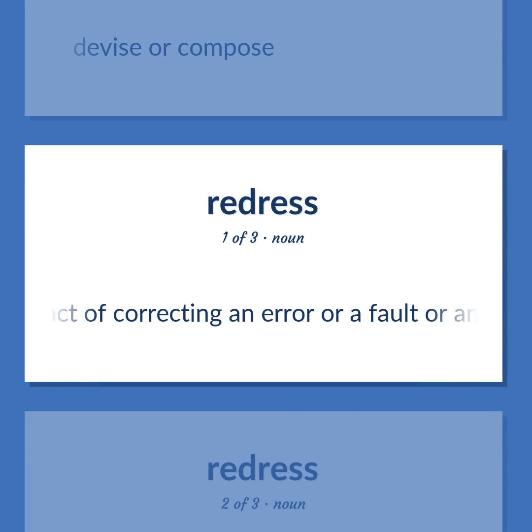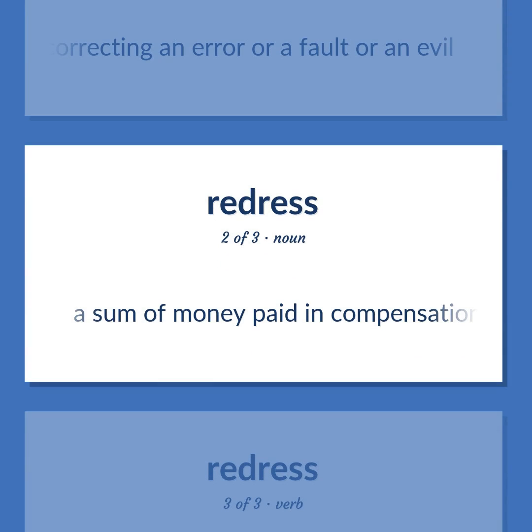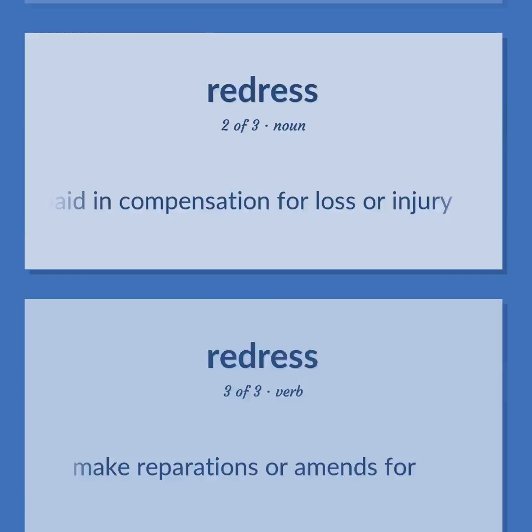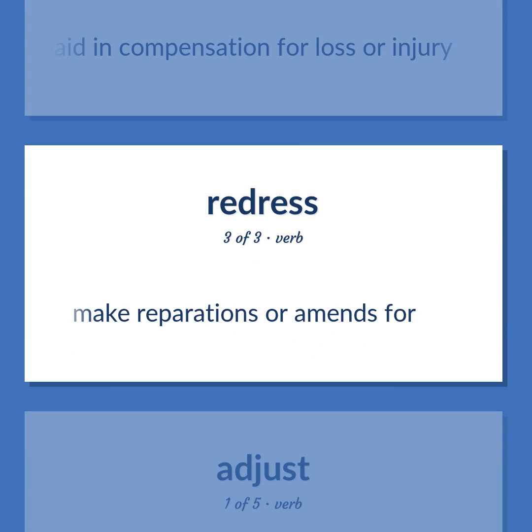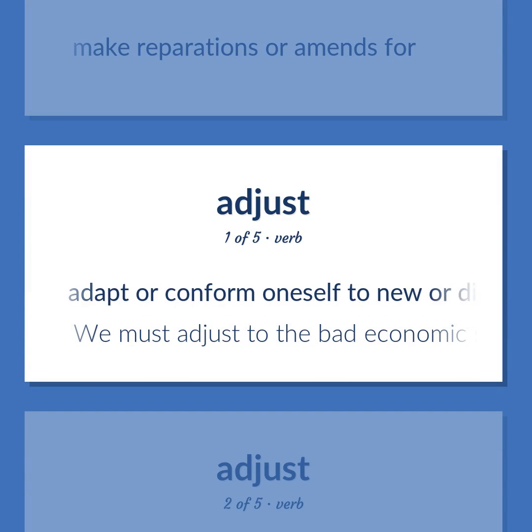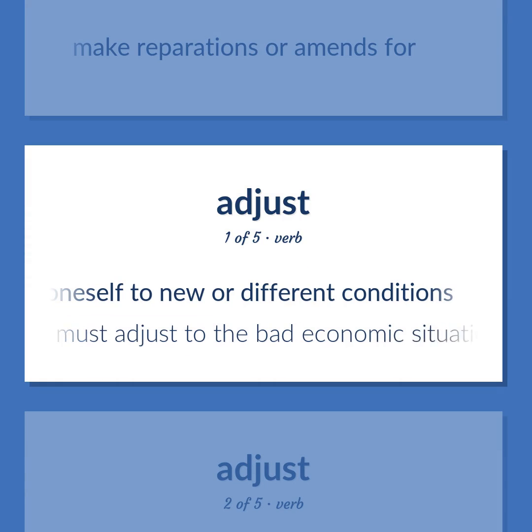Act of correcting an error or a fault or an evil. A sum of money paid in compensation for loss or injury. Make reparations or amends for. Adapt or conform oneself to new or different conditions. We must adjust to the bad economic situation.